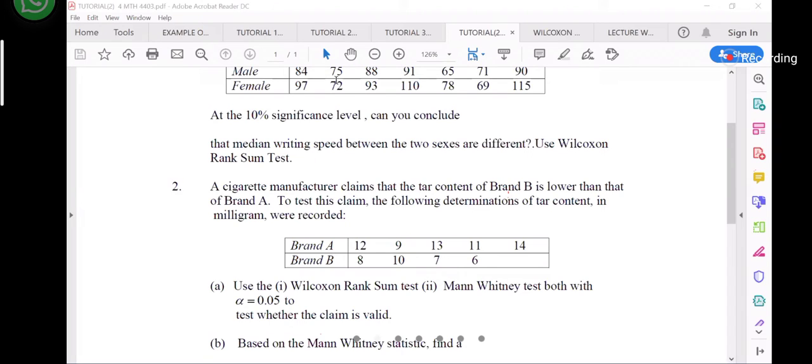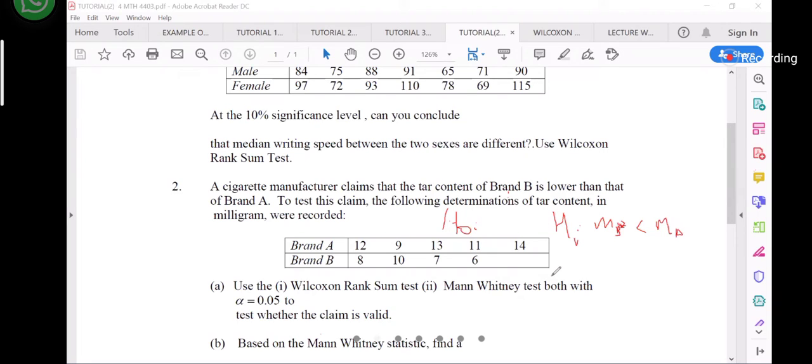H naught, H1. So median B lower, MB lower than MA. H naught: MA equal to MB.